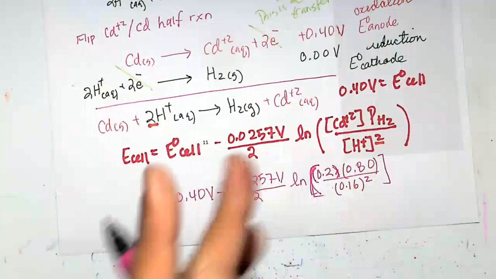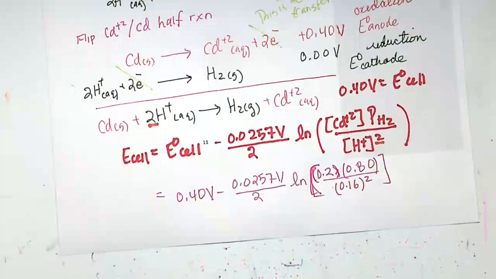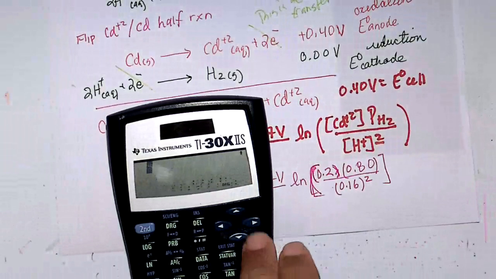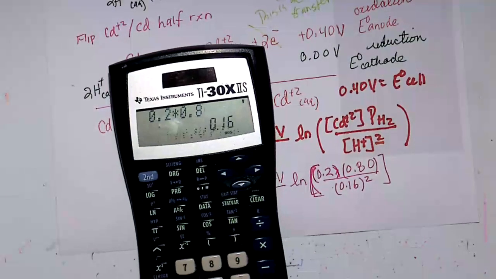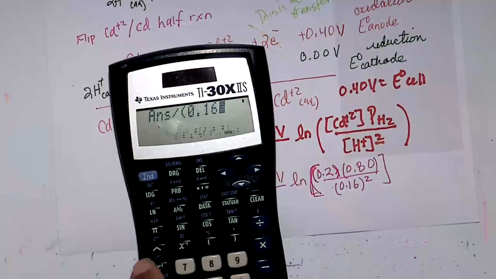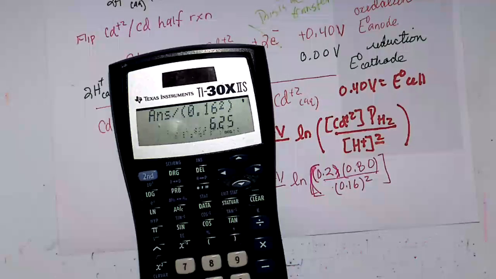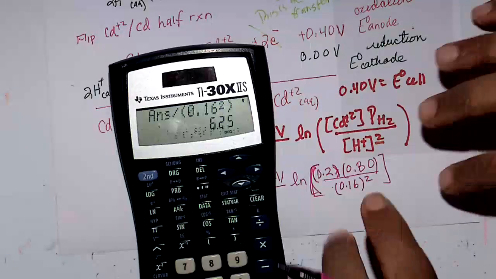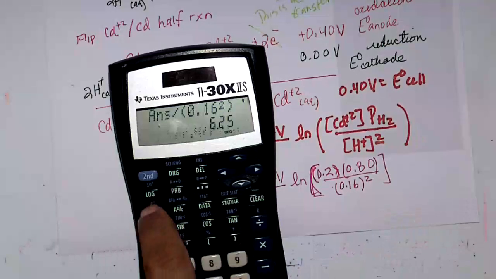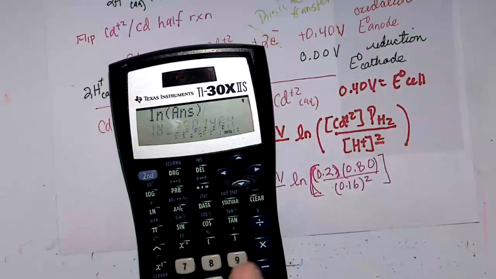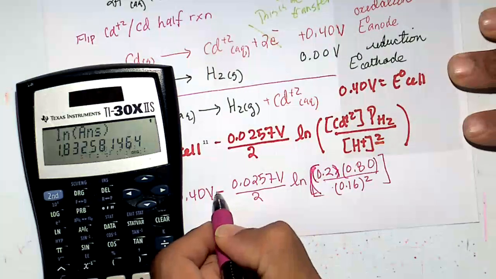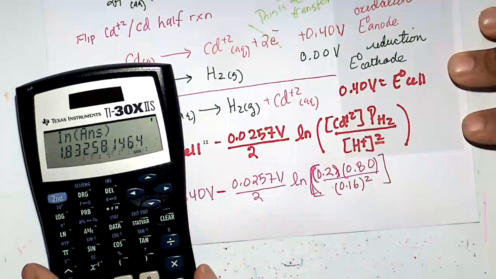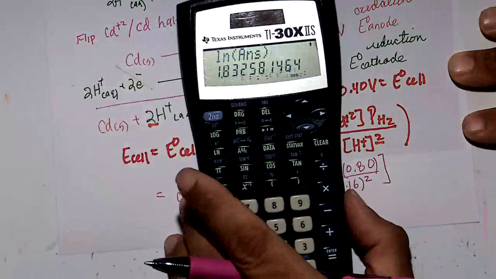All right, are you guys okay in doing this big swath of math on your calculator? I think I'm going to do it in one step. I'll see if Allison or anyone else can verify this for me. 0.2 times 0.8 is 0.16, divided by 0.16 squared is 6.25. I'm going to take the natural log of that. I got that. Times a negative 0.0257 according to the equation.